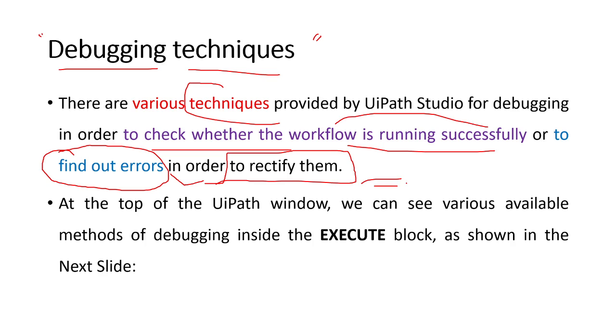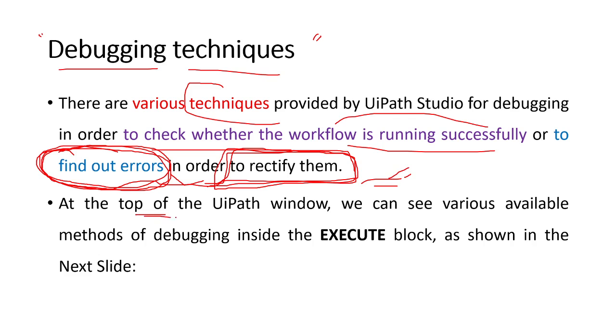Clear? Okay. Or you can also understand it like this: debugging techniques help the RPA developer to find out the errors in the application that they are developing, and to remove those errors, to ensure that the application they are developing is error free, right?